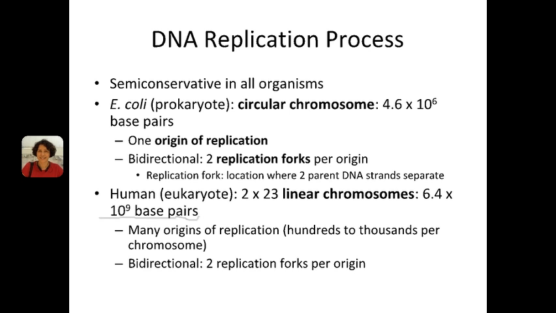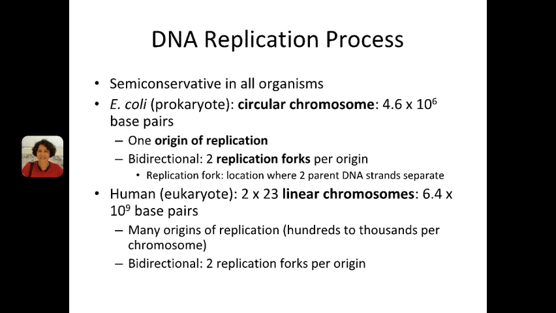E. coli can replicate its one chromosome in less than an hour. But if we had to replicate all of our DNA with just one origin of replication, it would take us months to replicate our DNA. And DNA replication takes maybe 10 hours.